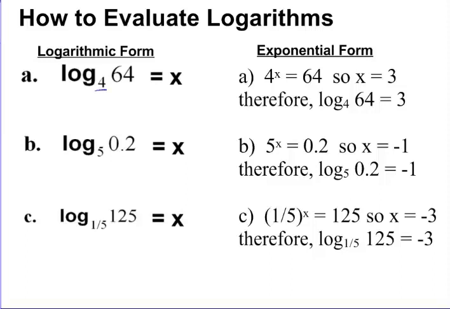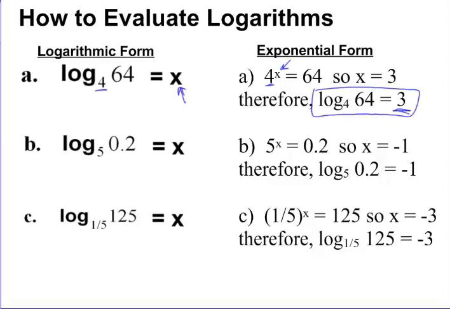So the base of your log becomes the base of your exponent. The answer to your log problem, which is what we're trying to find, is the exponent. So what we're trying to do is figure out 4 to what power equals 64. Okay. And in this case, 4 to the 3rd power equals 64. So the answer to your logarithm is 3.